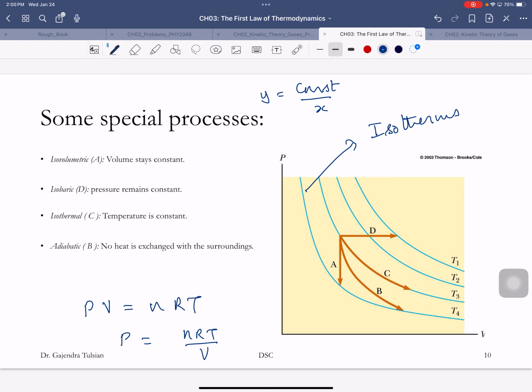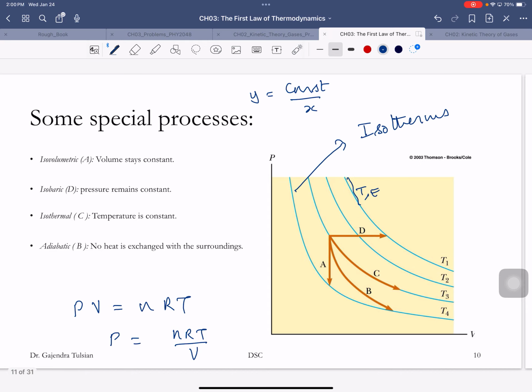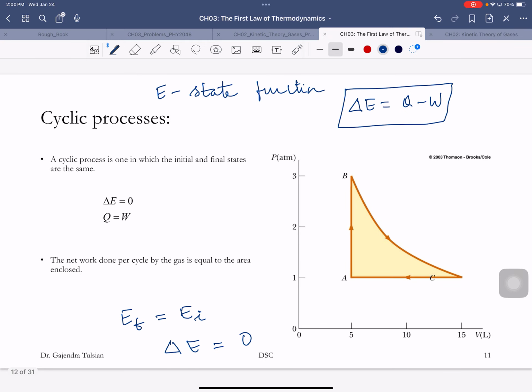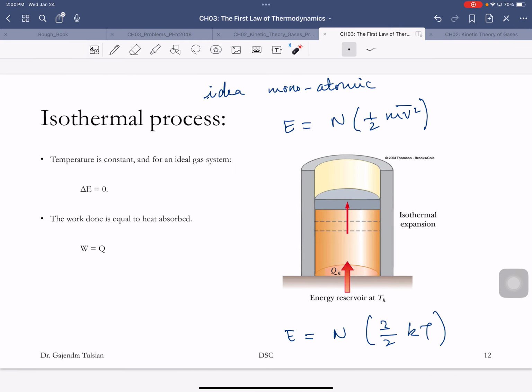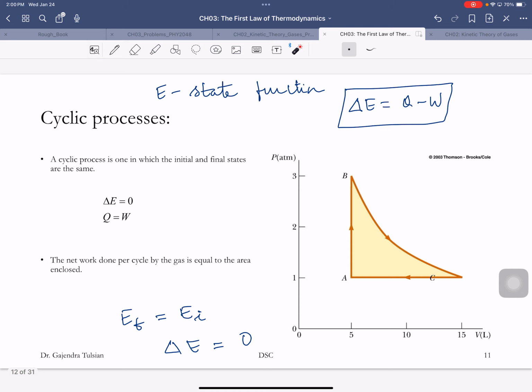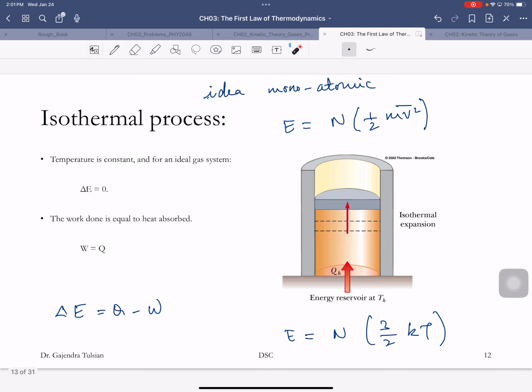So temperature and E are constant along these curves. All right, so what does that mean? Q minus W. If this is 0, if any work is done, the amount of heat absorbed is the same. Okay? So for an isothermal process and a cyclic process, this is true.